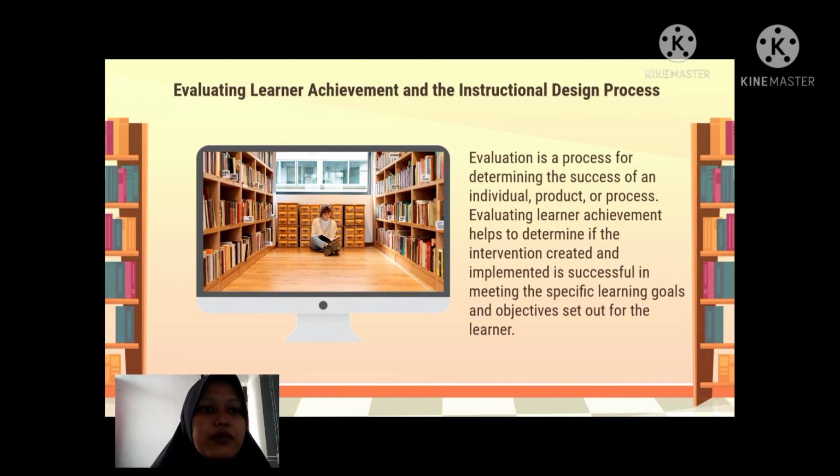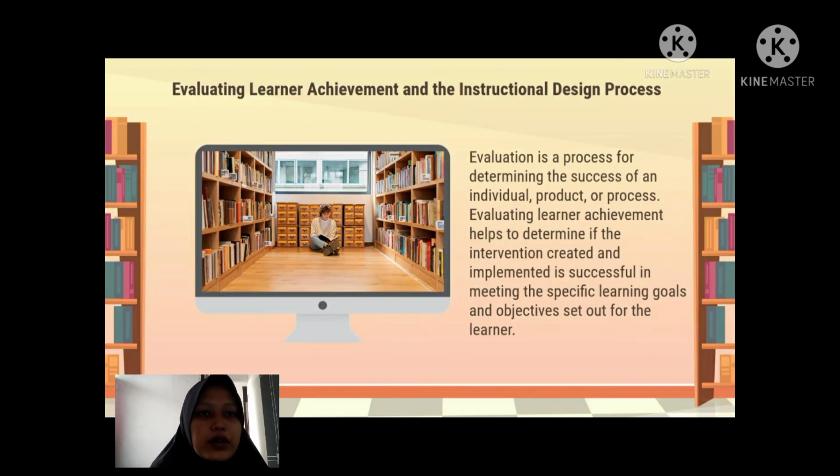Fifth, during what phases of instruction should assessment take place? Sixth, what is the process for how the instrument will be administered? Seventh, how will the data that are gathered be used?